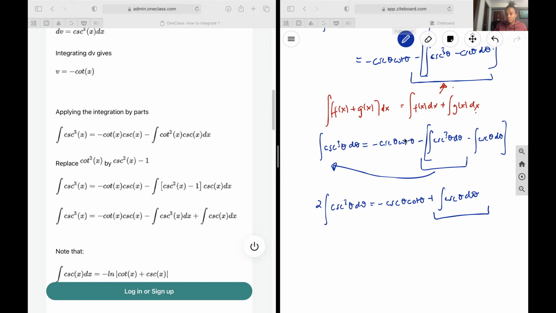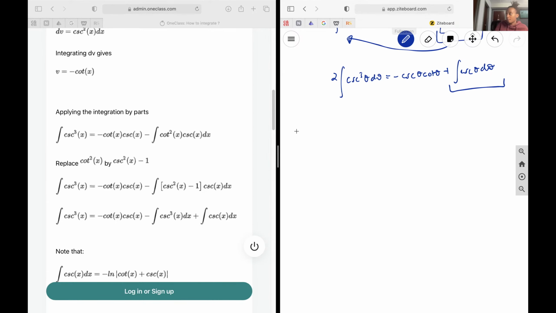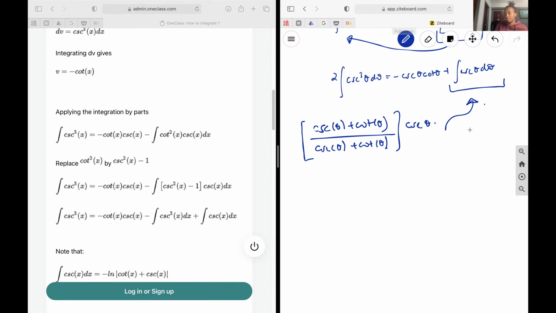And so how we're going to go about finding that is we'll have to do it on the side. If we multiply everything by cosecant theta plus cotangent theta over cosecant theta plus cotangent theta, in an attempt to simplify this into a form that we can integrate, this is 1 technically, so we're allowed to do that.